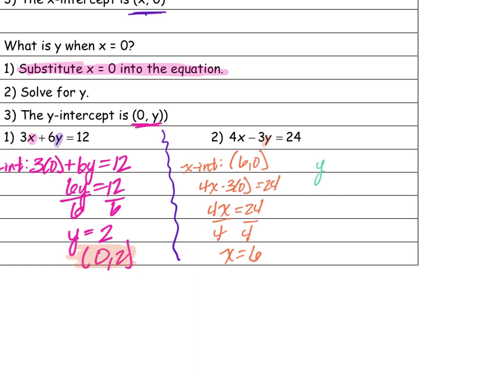And then we're going to go for my y-intercept. And that's where, wherever there's an x, I put 0. That's what my rule says. So I've got 4 times 0 minus 3y equals 24. So negative 3y equals 24.